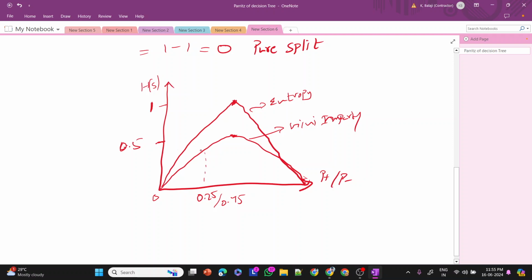Then the entropy will be between 0.75 and so on, and Gini will have a value of 0.25. Like this it will come.